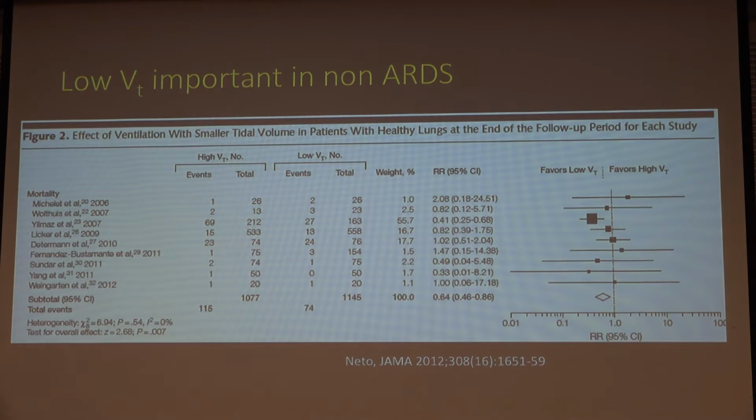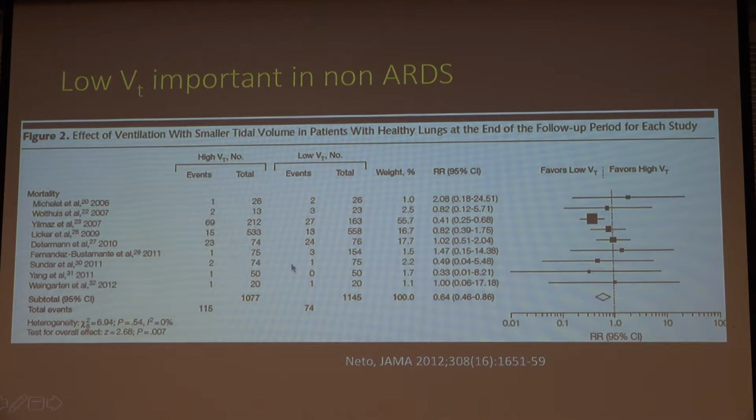So who cares about ARDS? The vast majority of our patients that we take care of in the ICU don't have ARDS. So why are we talking so much about ARDS? This study looked at 10 different studies of patients without ARDS that in fact had healthy lungs going into their critical illness, the majority of these patients being sepsis with normal lungs.